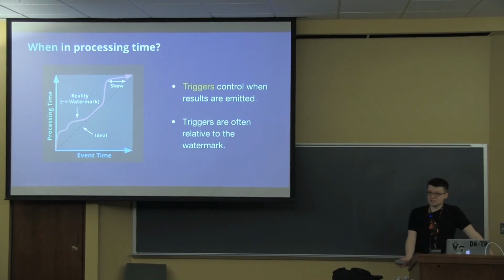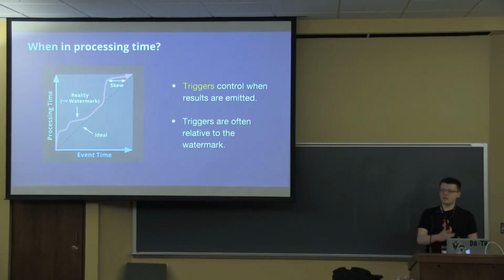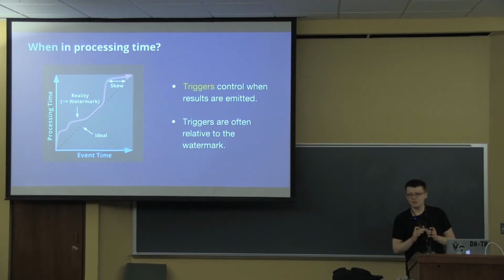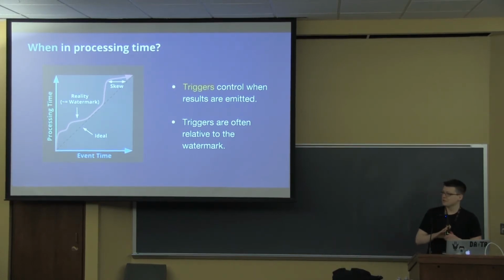In case of batch, we just get results when we process data. But if you want to do streaming, you have to define when we want to say, okay, after this point there are no more events, or after this point we just emit a result. And to do this in streaming, there is a concept of watermark. It is kind of a hint from the underlying system about how much delay we have.